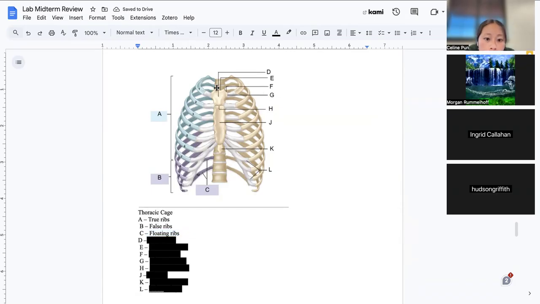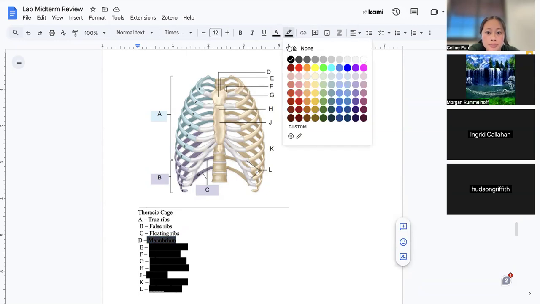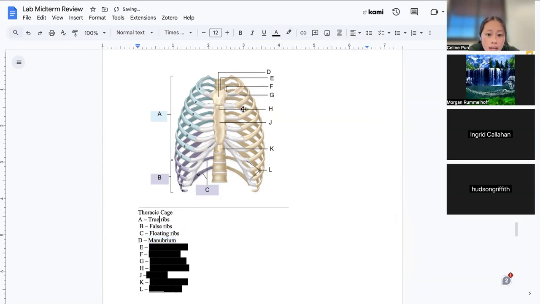D over here. It's this bone. What's D? It's the manubrium. Yep. And E is this jointing suprasternoid notch.